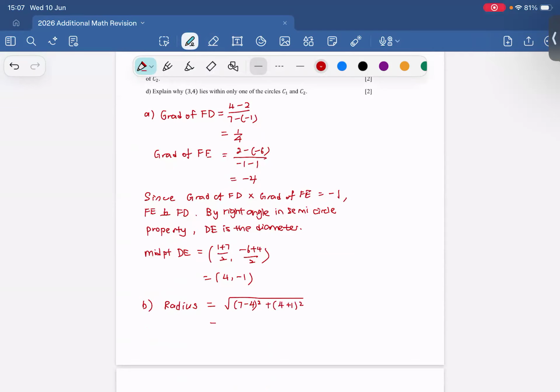So this will give me square root 34. So the equation of the circle will be (x minus 4) squared plus (y plus 1) squared equals 34.